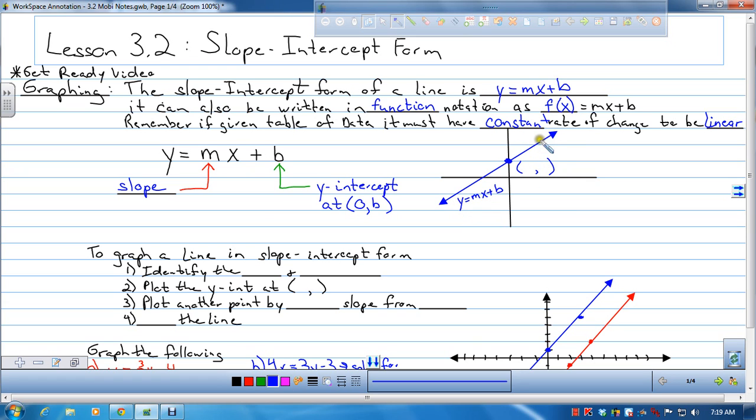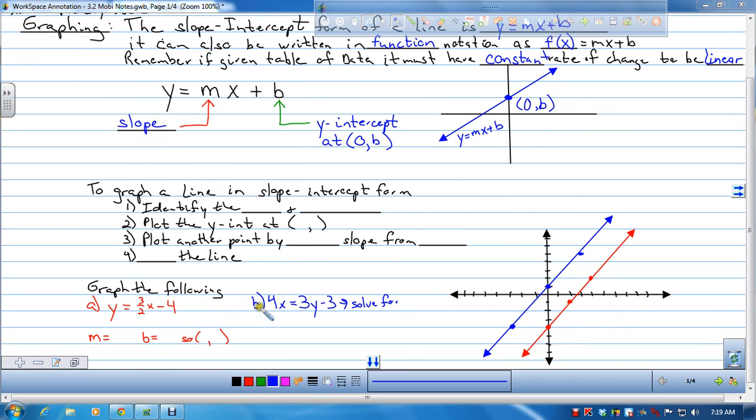We have a specific point on here that is our y-intercept. Notice I did not go right or left anywhere because I need to be on the y-axis. Therefore, the x value there is 0. It's always going to be 0 for that particular point. And my y value is this b right here. Okay? So let's talk about graphing these lines.